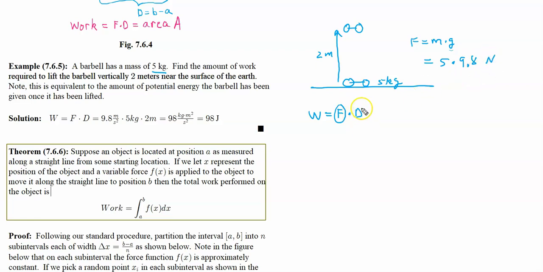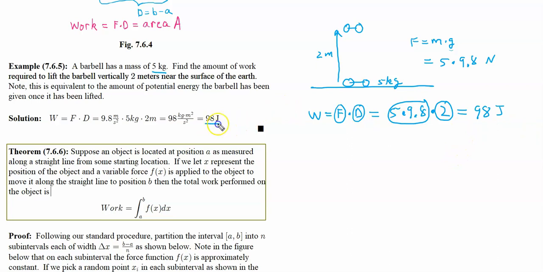Then the distance we lift it is, of course, 2 meters upward. And so the total work is going to be 5 times 9.81, or just 9.8, times 2. So this is our force, and this is our distance. And when we evaluate that, of course, we get 98, and that's going to have units of Newton meters or joules. There we go.